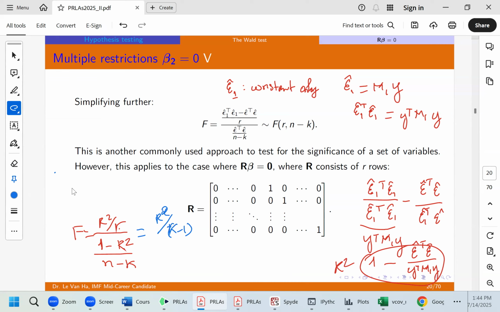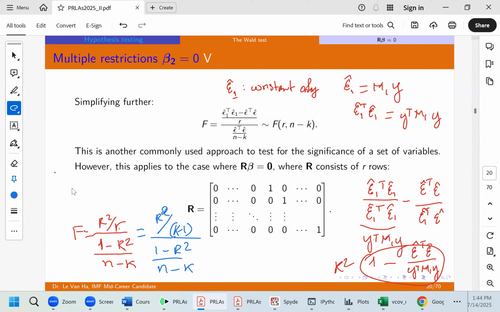k minus 1, because this is the number of explanatory variables except the constant term. Over here, you would have 1 minus R squared over n minus k. This is k minus 1.